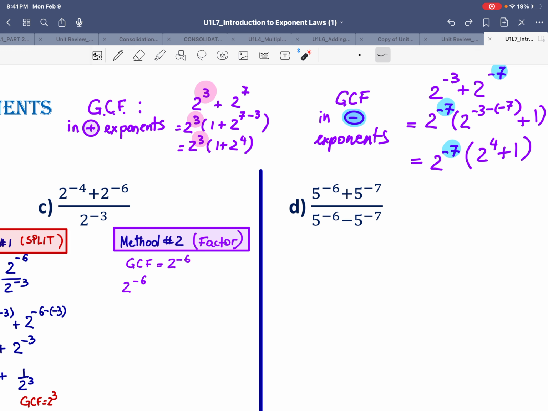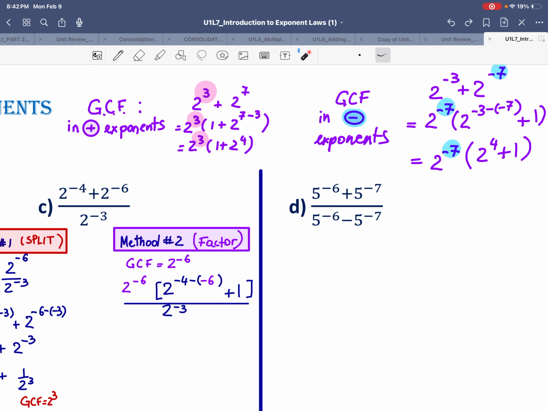Now we're going to start factoring 2 to the negative 6 from the numerator. And then in brackets, we'll be left with, remember, a power of negative 4, and we are subtracting the power that we took out, so minus negative 6. And then 2 to the negative 6 will just be positive 1. And then divided by, in the denominator, we just have 2 to the negative 3.